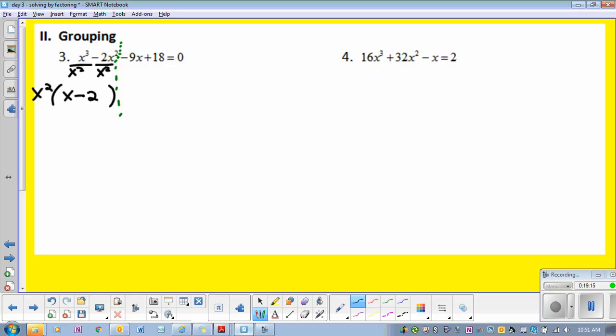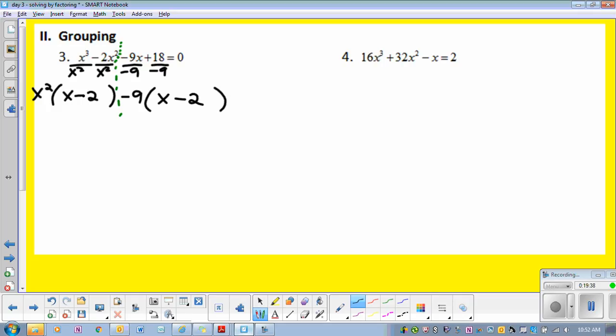How about the right-hand side? What is my GCF there? Negative what? 9. Good. -9.